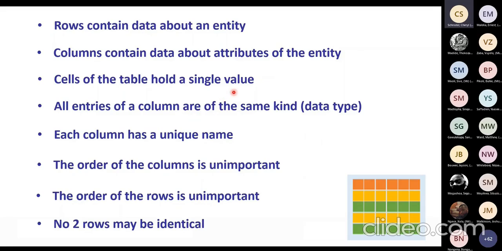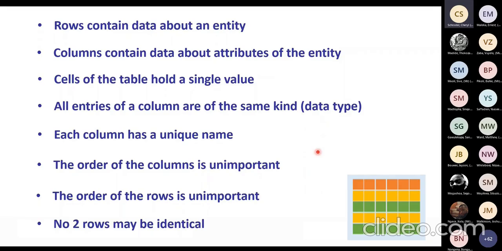And all entries of a column, so in other words, all attributes, have to be the same data type. If it's a string, all the attributes within that column must have the same data type. If it was a real or a double, all values would then be of the same data type.